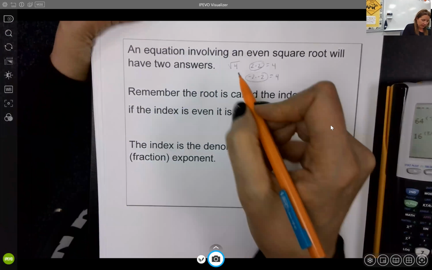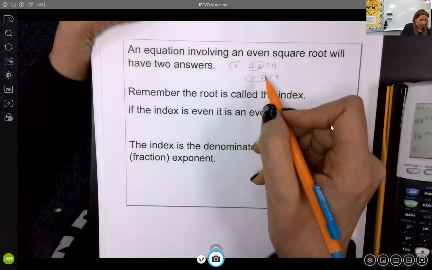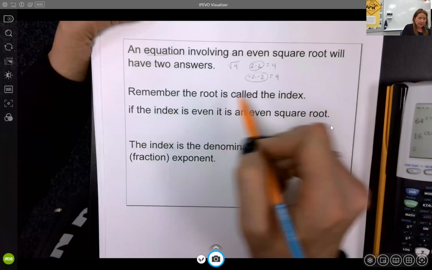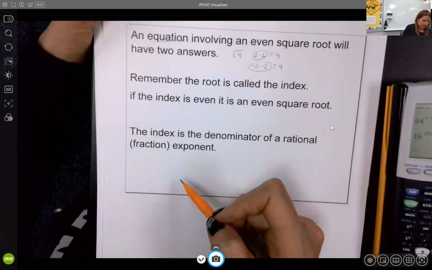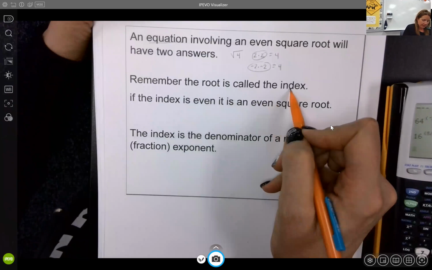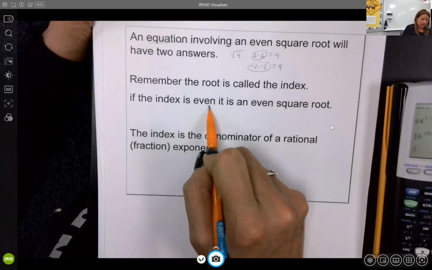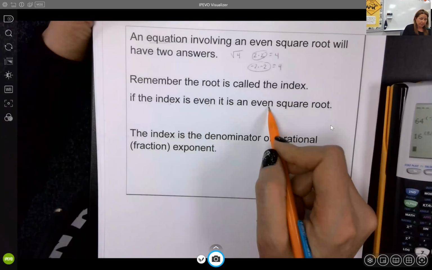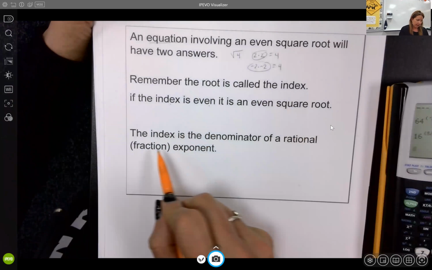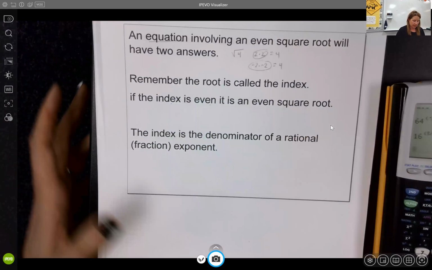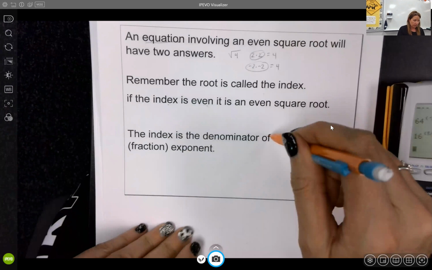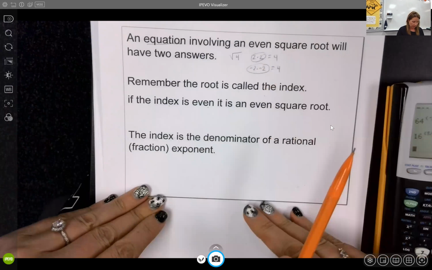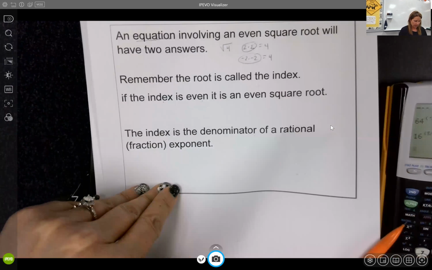So the square root of 4 in an equal sign, in an equation, is going to be positive 2 and negative 2, okay? So another way to say that is the index. If the index is even, that means it's an even square root. The index is the denominator of a rational exponent, okay? So write these two rules down, or this one and this one, however you remember that, okay?